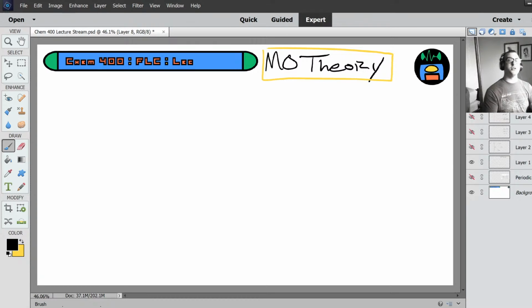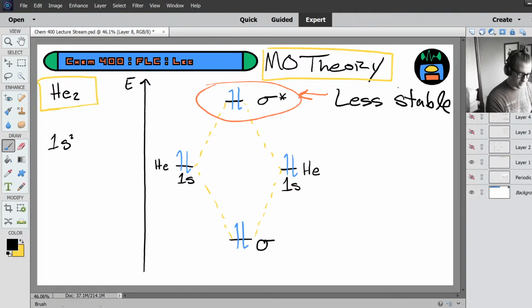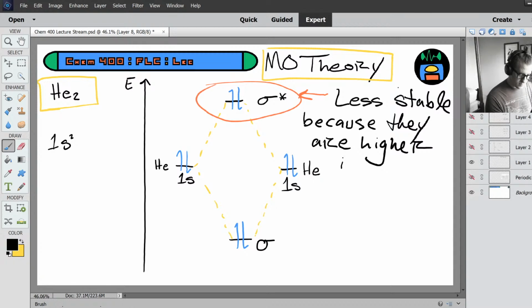Remember, electrons want to be as close to the nucleus as possible, because that's their lowest energy state. So the two electrons that gain energy, so to speak, the ones that are forced into the sigma star antibonding orbital, are less stable because they are higher in energy. All right, that's exactly what I'm talking about.